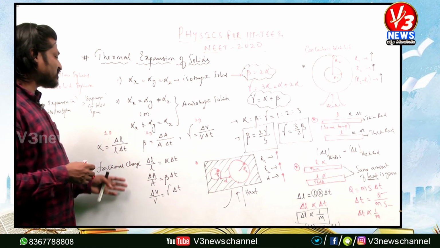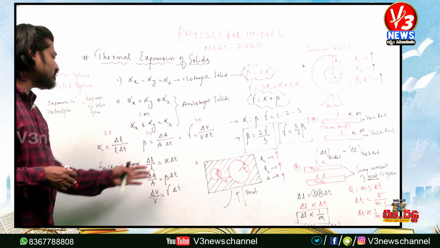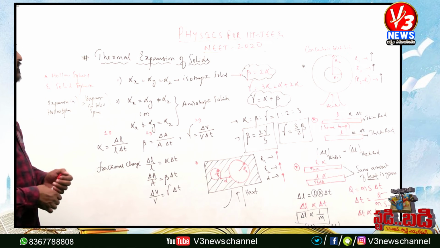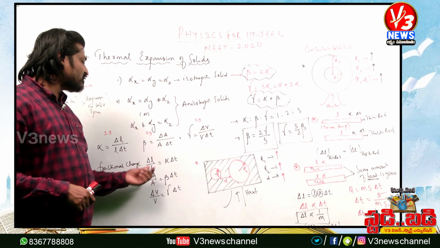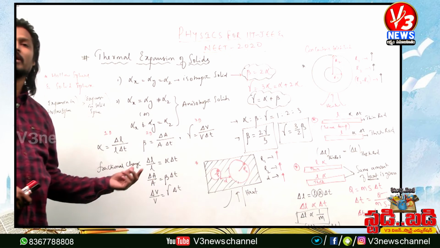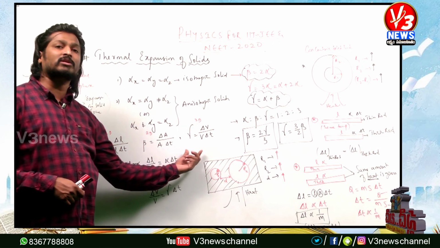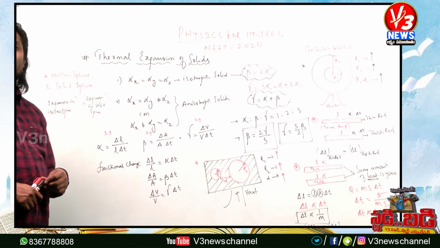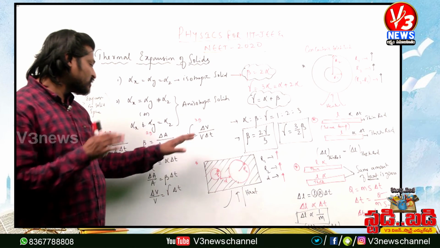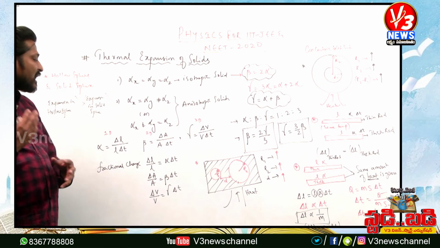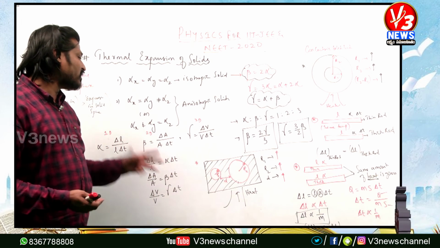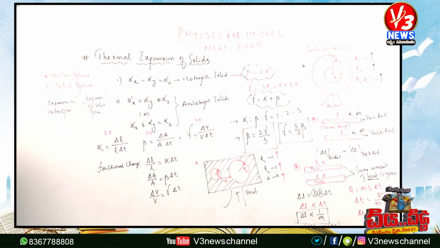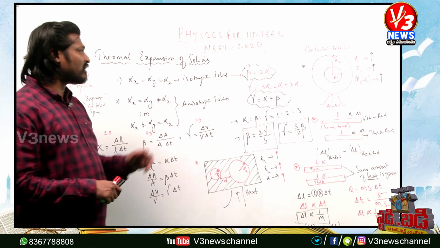Fractional changes, I told you, delta L by L is equal to alpha into delta T. He may ask a theoretical question: is the fractional length change dependent on the initial length? No, it is independent of the initial length, initial area and initial volume. It just depends upon what temperature change you are giving to that body and what type of material it is made of, alpha, beta or gamma, whether it is 1D, 2D or 3D.